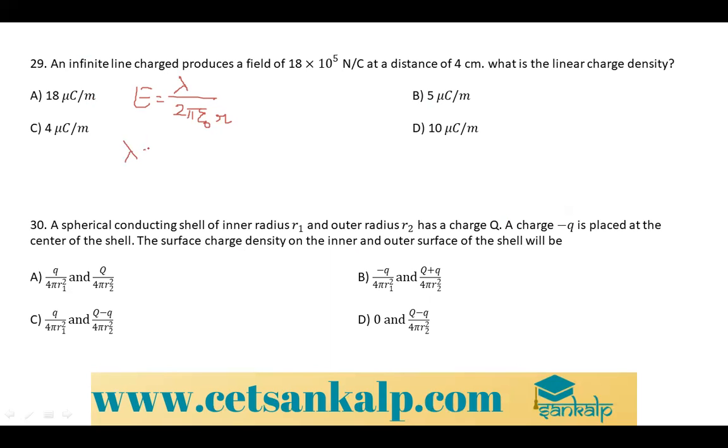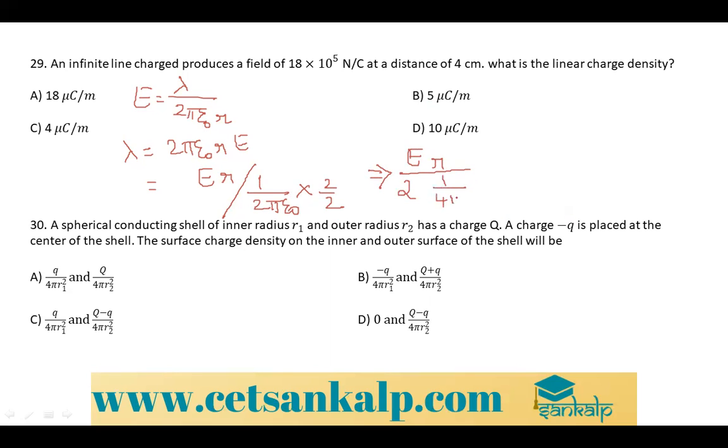So lambda is equal to 2 pi epsilon naught r into E. Now I should simplify, because instead of calculating 2 pi epsilon naught, what I do is ER divided by 1 divided by 2 pi epsilon naught into 2/2. Check. Then writing it as ER divided by 2 into 1/4 pi epsilon naught, we can take it as 9 into 10 to the power 9.